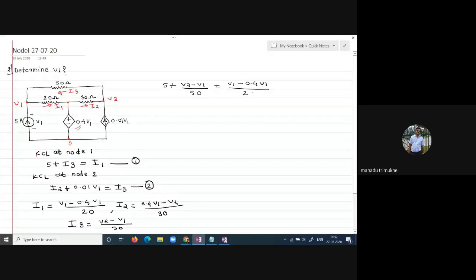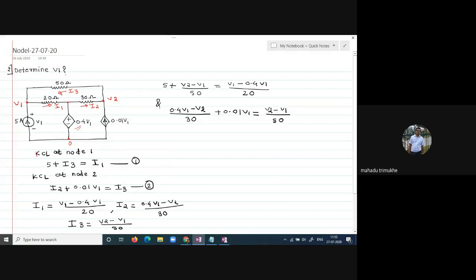And in equation number 2, I2 is 0.4 V1 minus V2 divided by 30, plus 0.01 V1 is equal to I3, which is V2 minus V1 by 8.